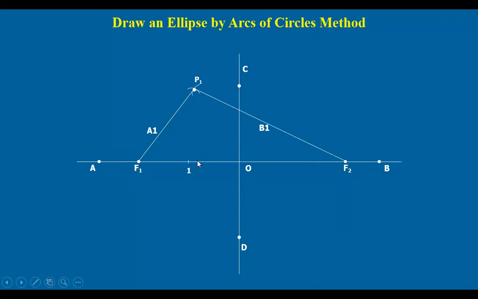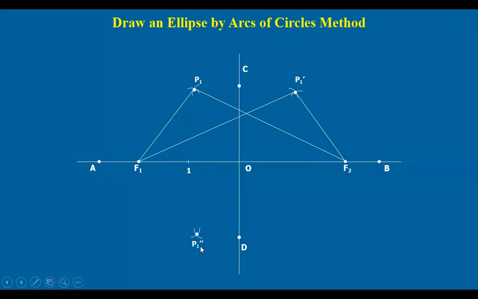Now, with the same radius A1, not only at the top, here we can draw an arc with F2 as center, and 1B as radius, F1 as center, draw another arc intersecting here. We get an intersection point, call it P1 dash. Now, with the same A1 as radius, F1 as center, one arc here, and 1B as radius, F2 as center, another arc here.